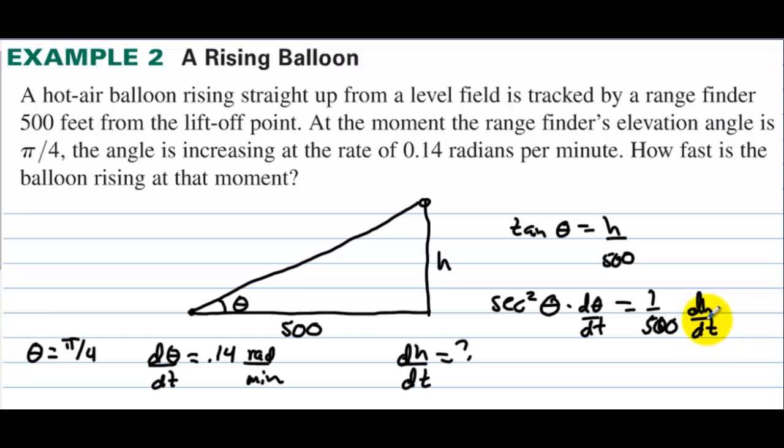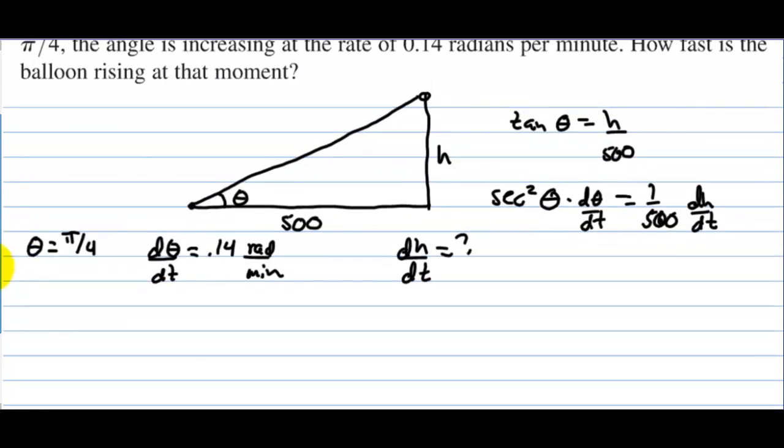Now we're trying to find dh/dt. And so now we can plug in some values and solve for dh/dt. We have the secant squared of theta, and we're looking at the moment that theta is pi over 4. d theta/dt is 0.14, so we're multiplying this times 0.14. And we need to multiply all of this times 500 to get the dh/dt.